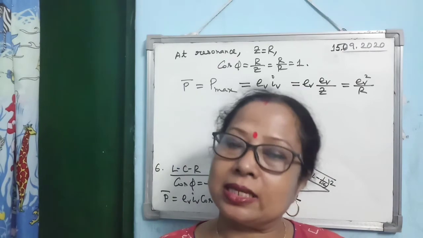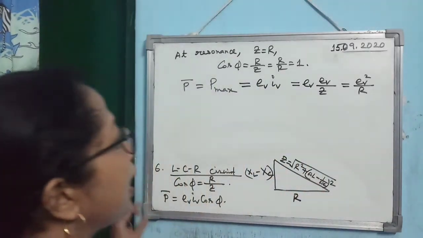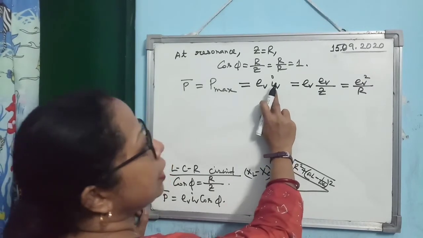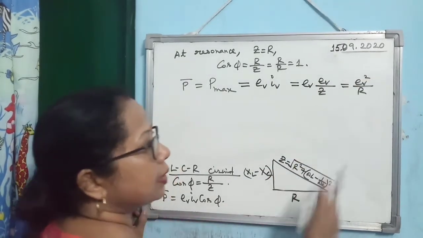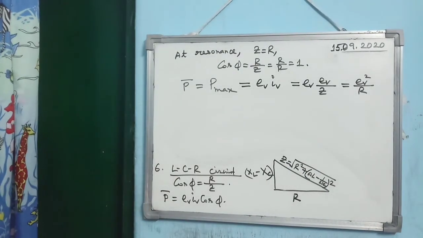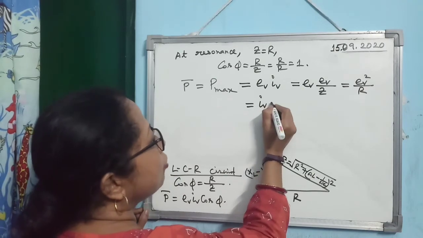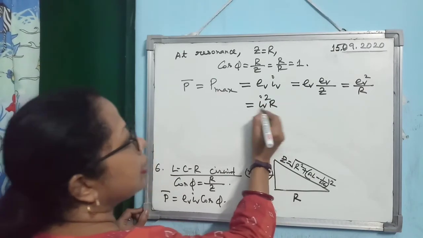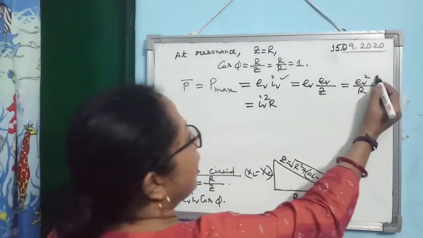And what is the maximum value? Either you can find EV into IV, or you can write IV is equal to EV by Z and it is R, so you can write EV square by R. Or EV is equal to IV into R, so you can write IV square R also. So these are the values.